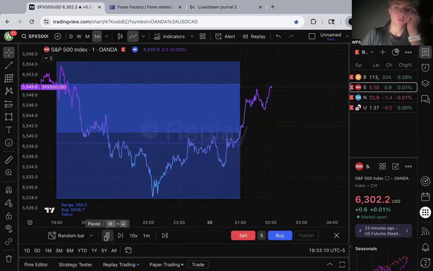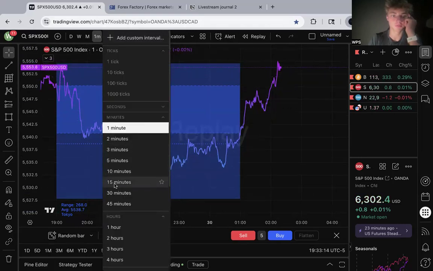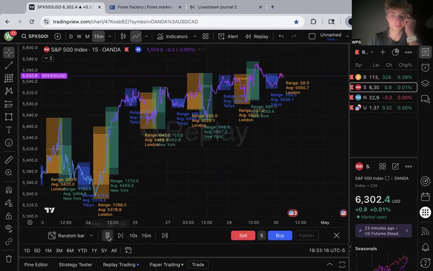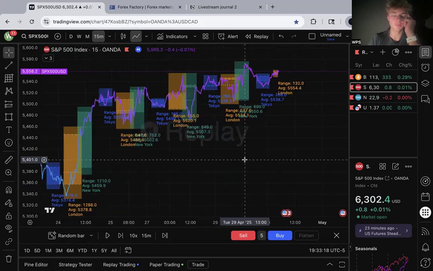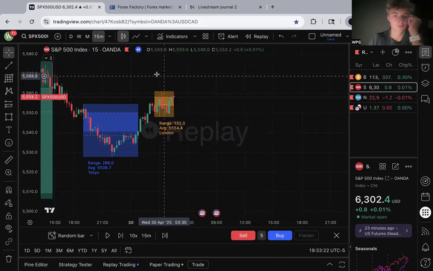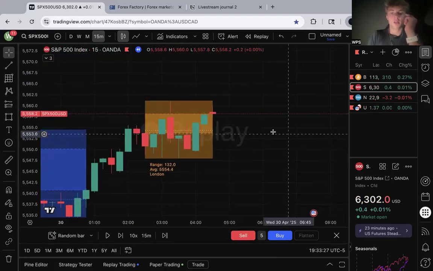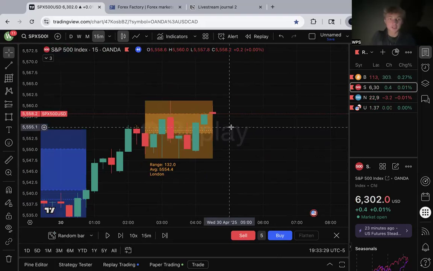But the 1 minute's already bullish. Okay, so into London session. Bullish, looking for bearish retracements.